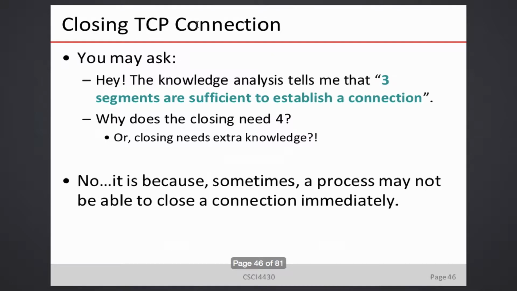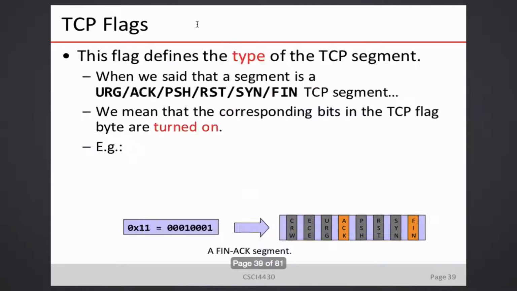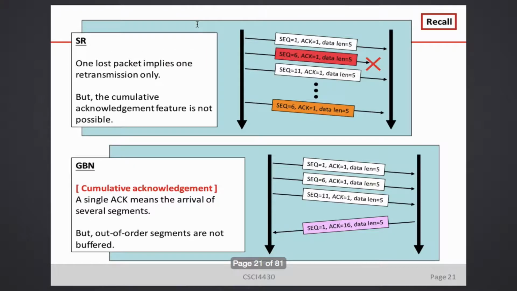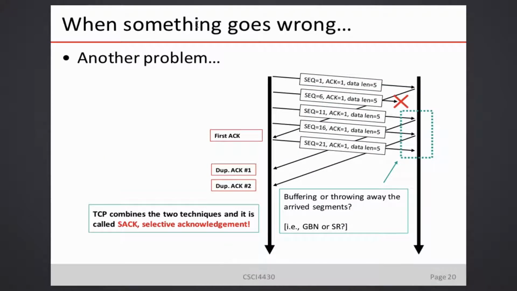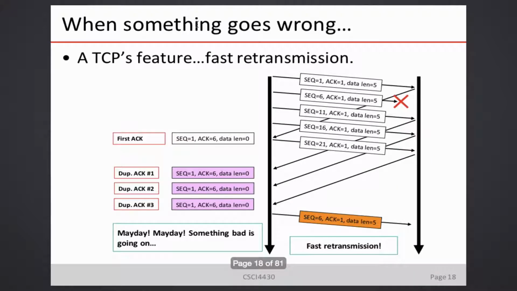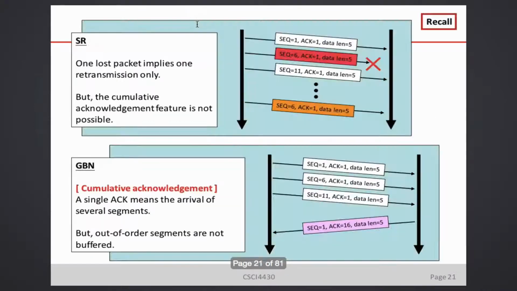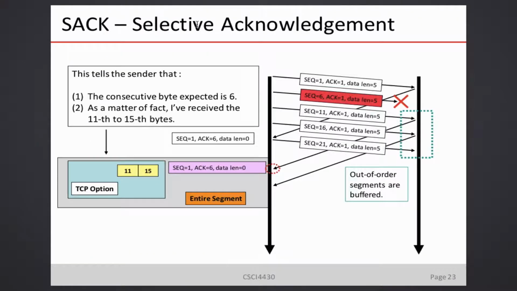What is the characteristic of a duplicated acknowledgement? Still remember this name, SACK, the selective acknowledgement? So where is the selective acknowledgement handout? Here. So this guy, when it's sent to here, uses a duplicated acknowledgement, right?